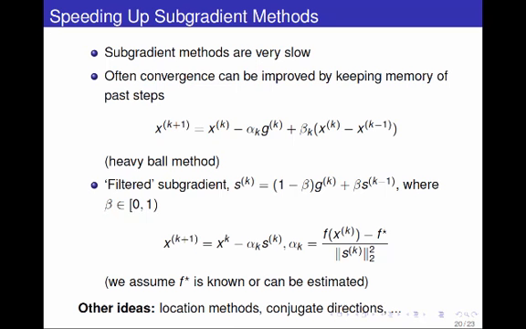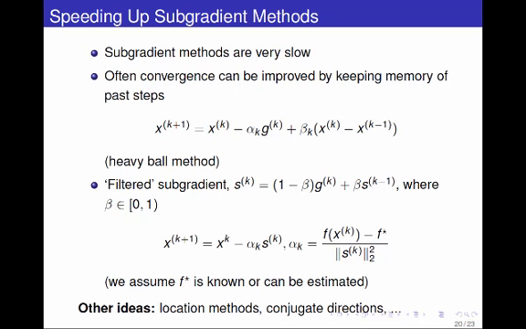Maybe then I land over here, I compute a new cut. Maybe then I land over here. So I can keep the piecewise minimum of these as an approximation of my real function and optimize over this piecewise linear function.